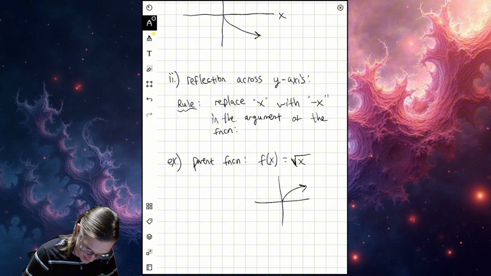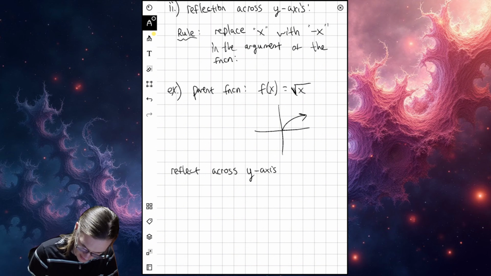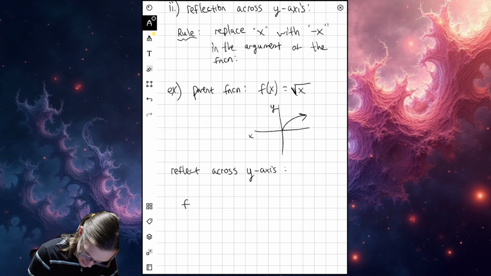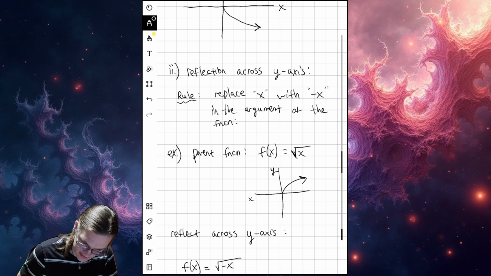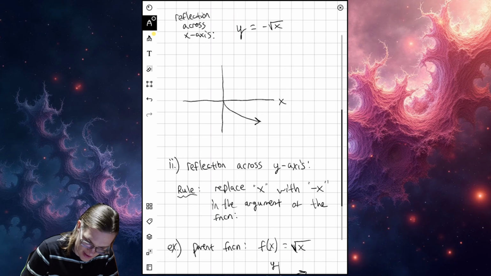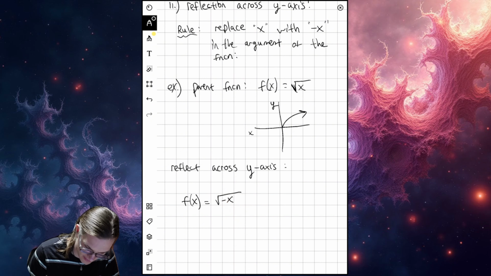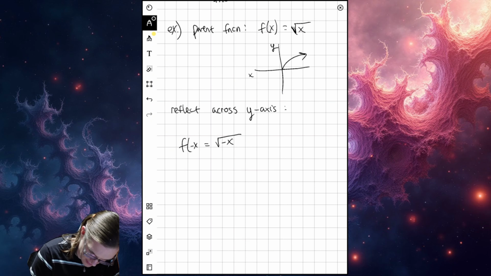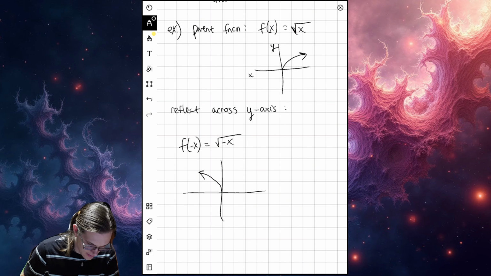Now if I reflect across the y-axis, right, or along the x-axis, this will flip from here to here, and it'll look like this. f of x equals square root of negative x. See how before we put the minus sign in front, and now we replaced x with negative x. And so with this we should also write f of negative x technically. So it'll flip over here.